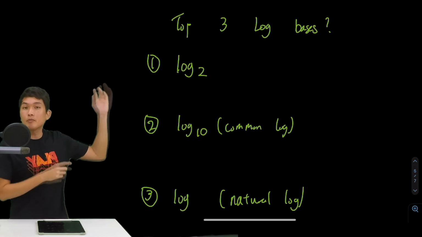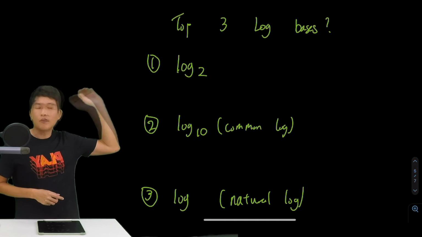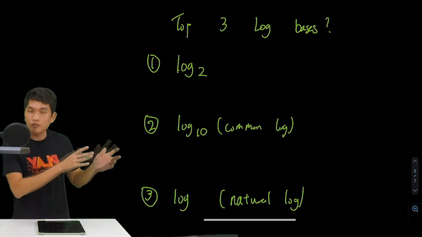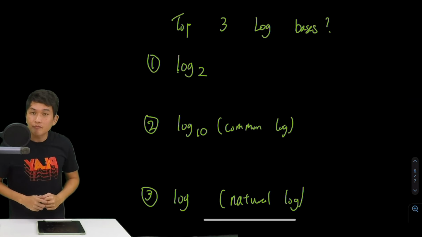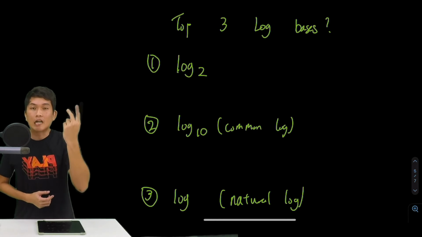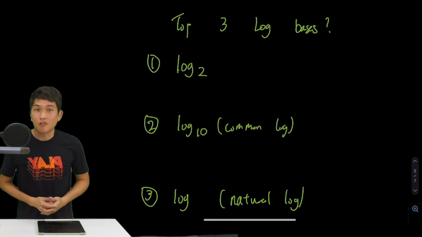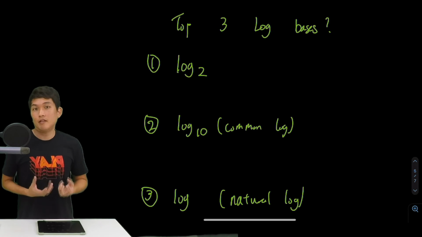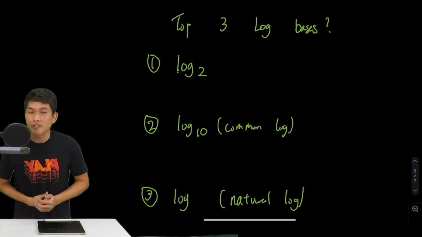It turns out computer scientists, computer engineers, programmers, software developers, people doing work with a lot of computers, they use log base 2 precisely because of binary for life, because binary is a system that counts up to 2, and so everything is in base 2, and of course you use log base 2. We'll go through some examples of questions in base 2. It's going to be fun, watch out for that.